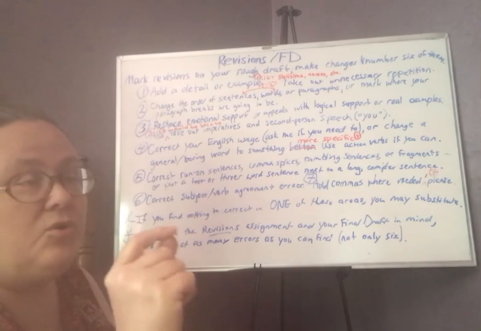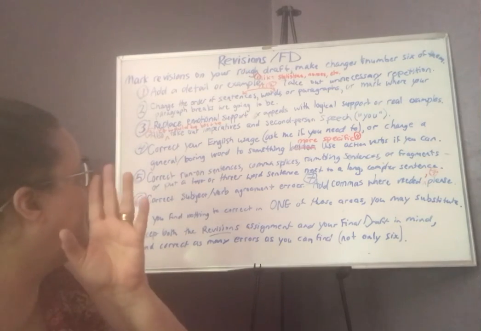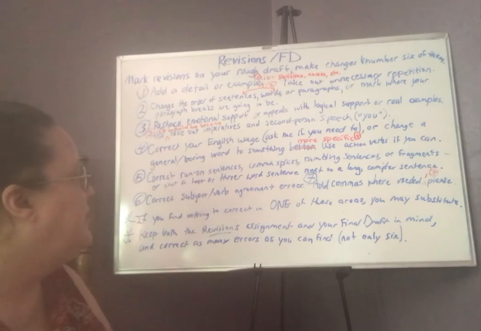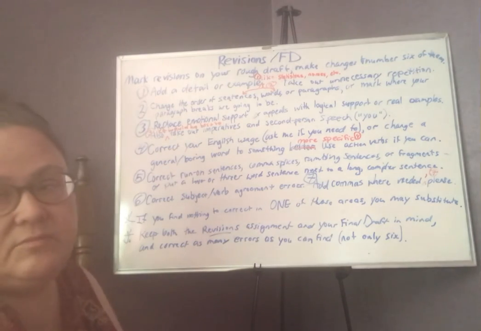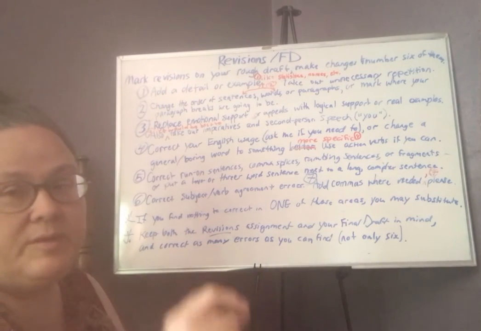I'm going to be looking for a 1, a 2, a 3, a 4, okay? But like, for example, if you can't find anything on number 5, then you can give me 2 number 7s. That's fine. But only do that once, or I'm going to be taking off points.